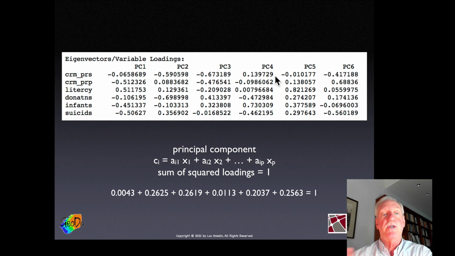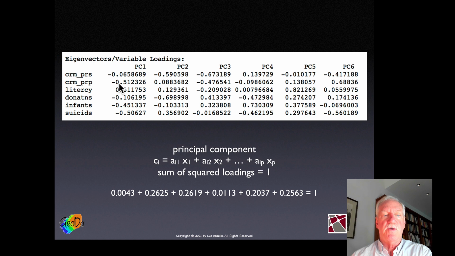And so, as I mentioned, the signs are arbitrary, so you have to be careful in interpreting this in an absolute sense. But you can see when they're opposite that this is going to be the importance of low values of crime against property, which is actually high crime.